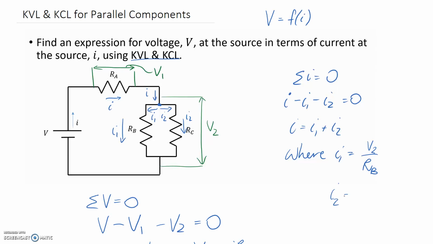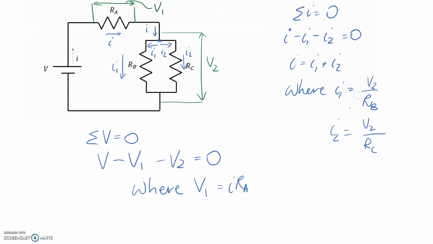If we do the same thing now for I2, the current going through here is going to be the voltage across it, which is V2, it's the same drop, divided by the resistance. So this time the resistance is RC. So we can substitute these two back up into I. Now we have V2 in terms of just I, which is really good because that's what we want to substitute back into this equation.